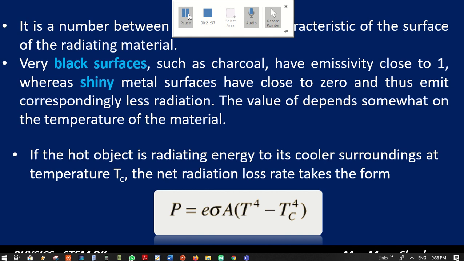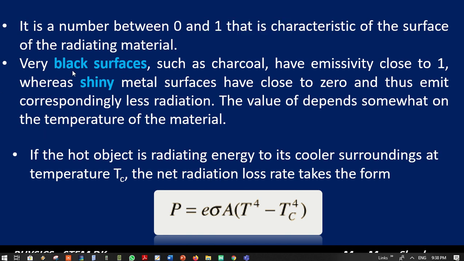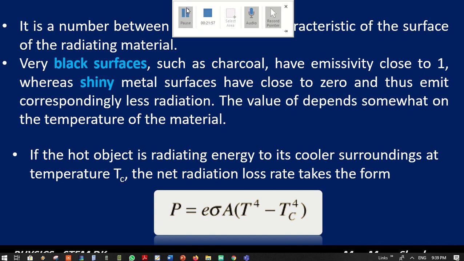The value of e, or emissivity, varies according to the type of the object. If the surface is a black surface, this value will be close to 1, and the power dissipated will be very large.